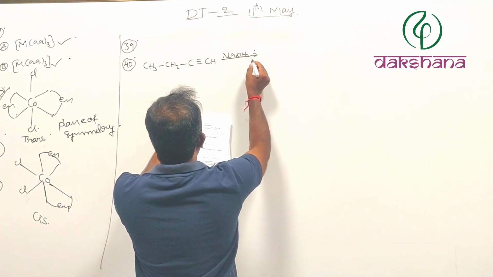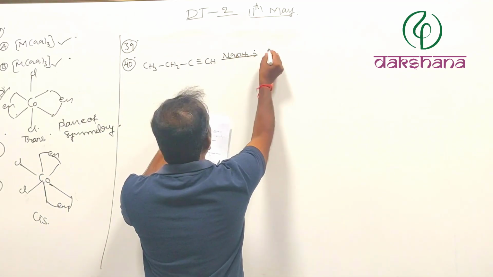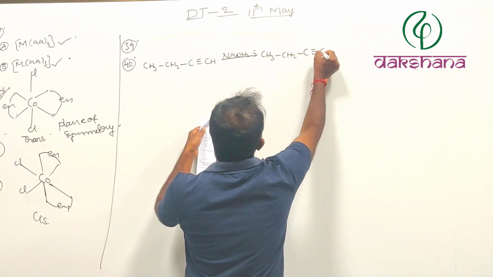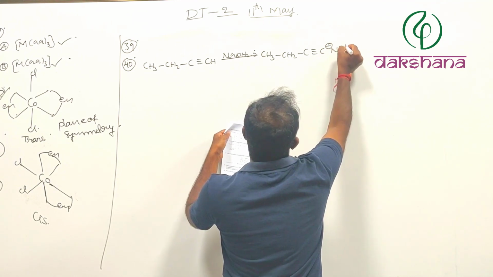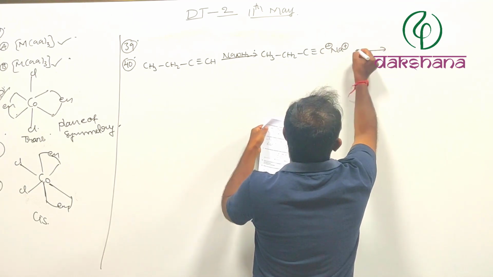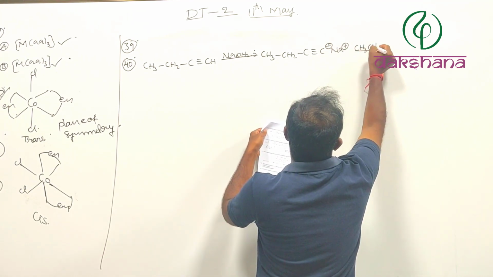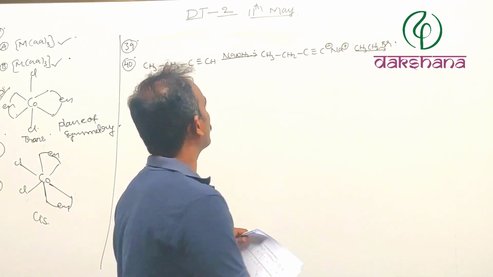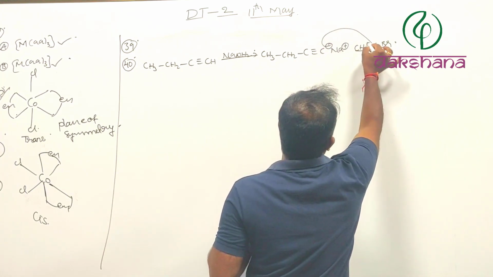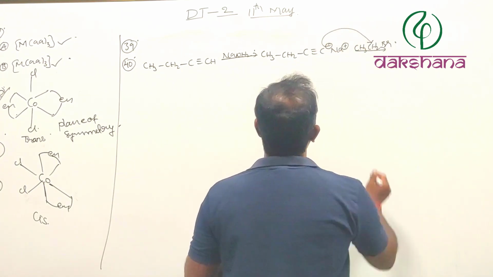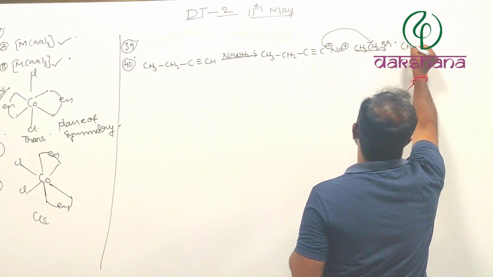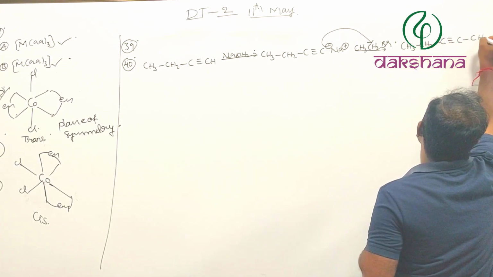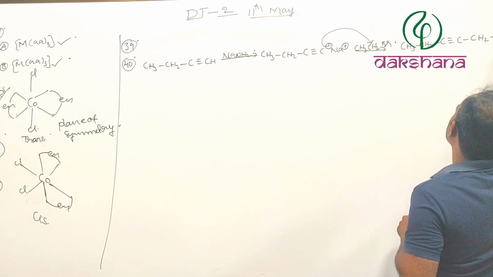If you add NaNH2, it is going to form CH3CH2C triple bond C minus Na plus, which is treated with CH3CH2Br. Here a substitution reaction will take place and it is going to form CH3CH2C triple bond C CH2CH3.